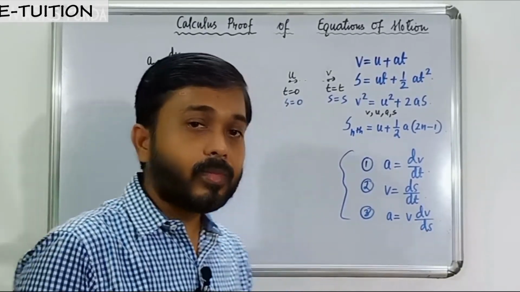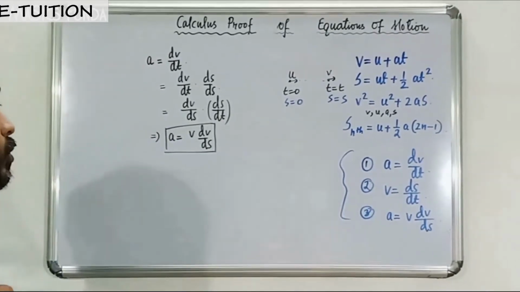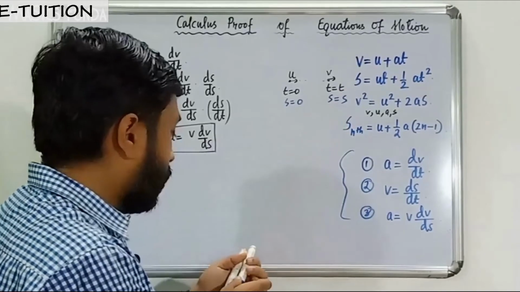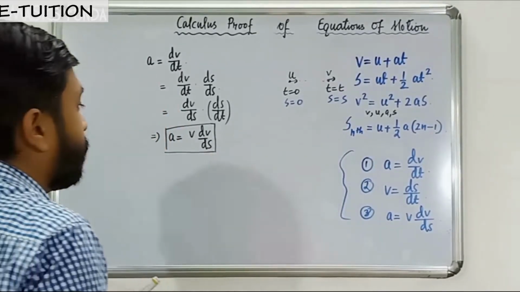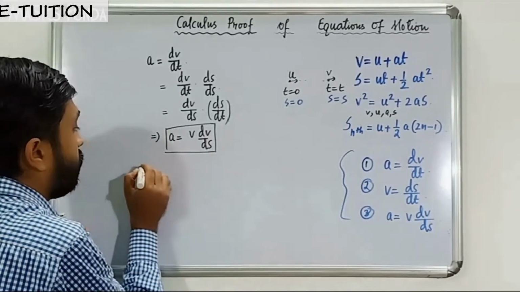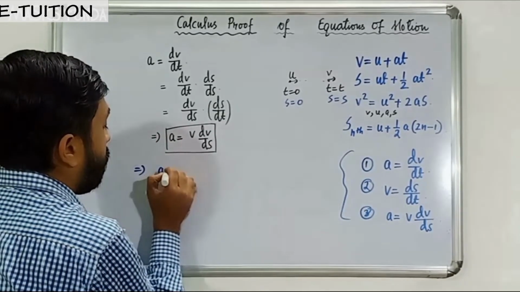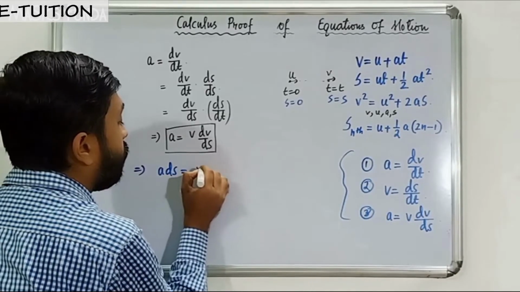Alright, I hope you all are getting to understand. So right from this expression, we have to approach to prove the third equation of motion. Have a look at how I'm doing. From here I can write a ds equal to v dv.